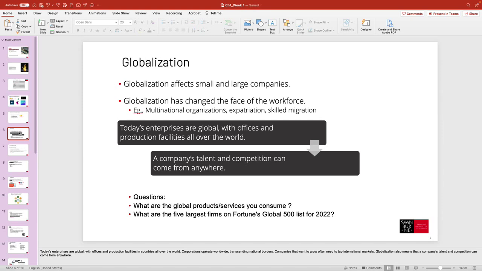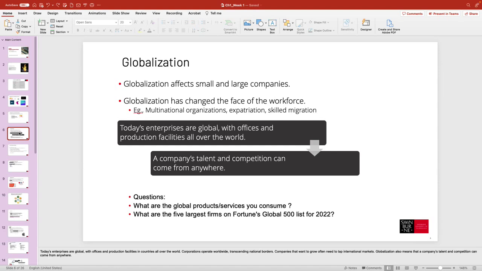Globalization has changed the face of the workforce. I have given you some examples here. We talk about multinational organizations and expatriation. For example, organizations like PwC, IBM, HP, and EY, these kinds of global organizations, have lots of expatriate workers working for them as well.